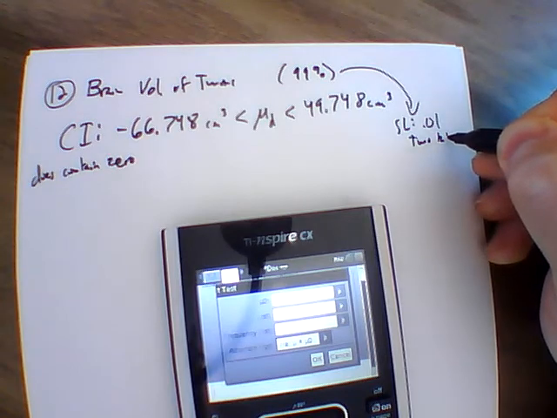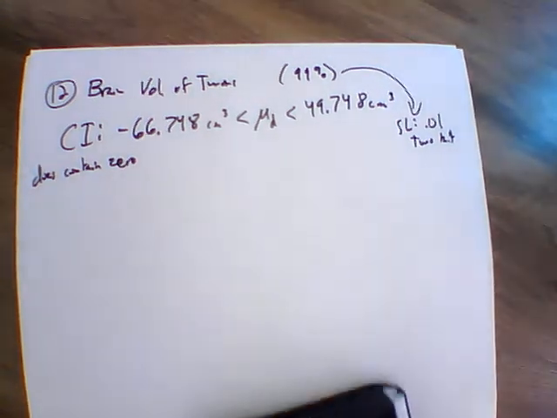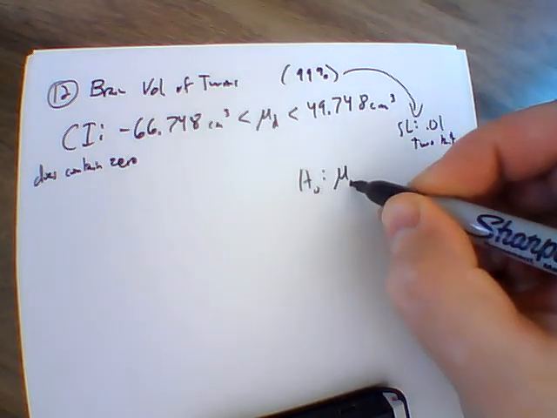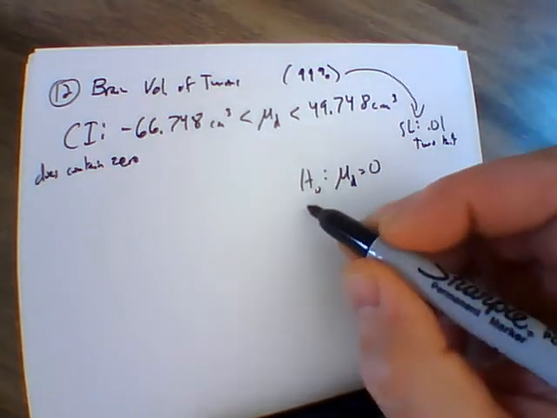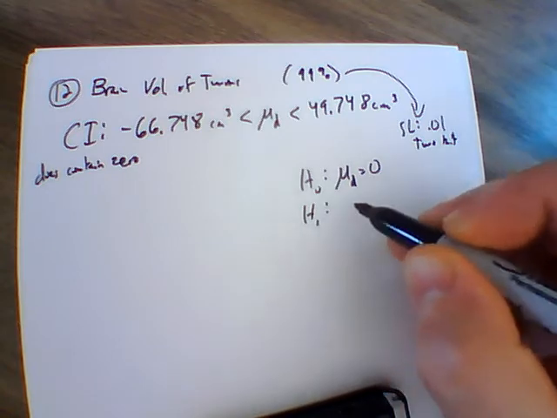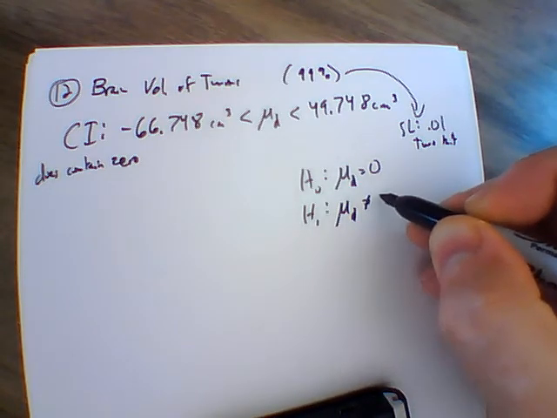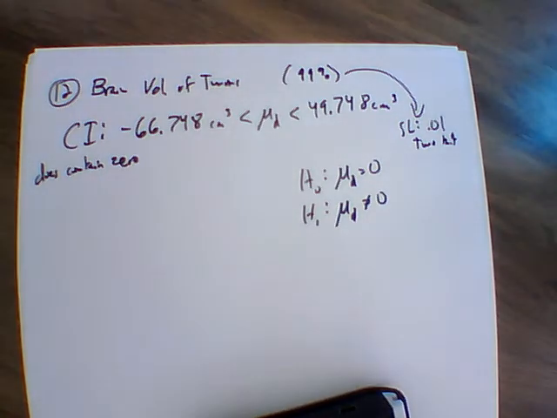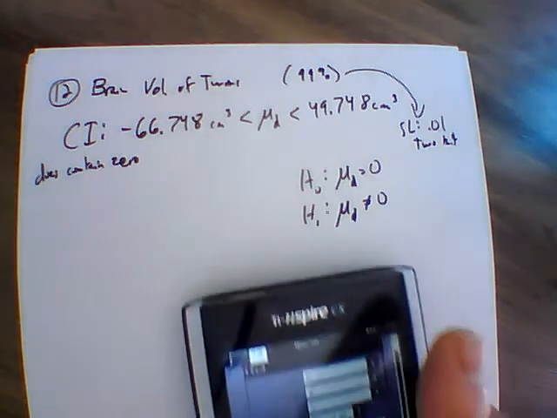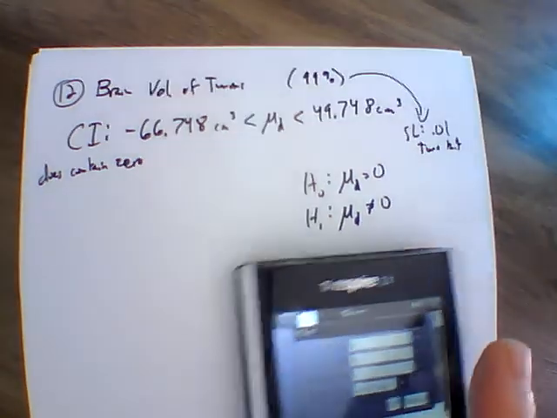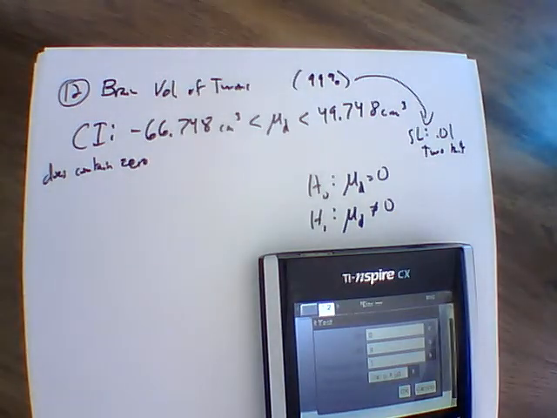So in our hypothesis test, our null hypothesis is that our difference equals 0, and then our alternative hypothesis is that this difference does not equal 0. Once again, this is how this hypothesis test would be going. We could change it to other values in here, but this is the most common way to use it, so that's why we're using it.